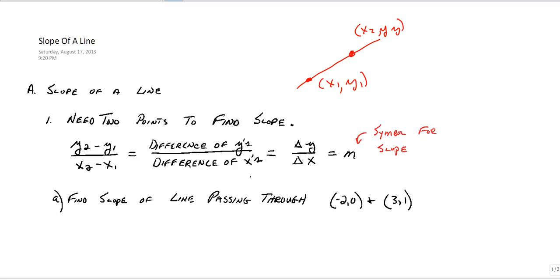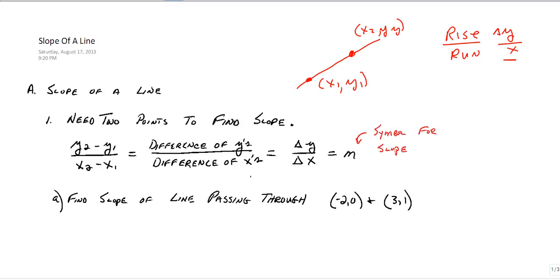And to find the slope, we're going to need 2 points, and how the slope is defined, it's going to be defined as the rise over the run. The rise, how high the line goes, all over how far out the line goes. Now the rise, since it's an up or down motion, will be related to the y's, and the run, because it's related to a horizontal motion, is going to be related to the x's.